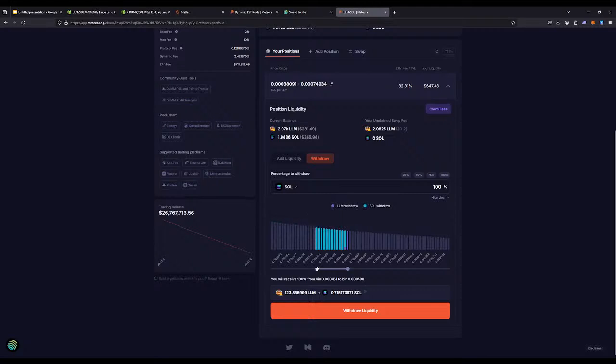This portion of SOL is still unutilized capital. So in the future, this unutilized capital will be going to dynamic vaults and getting us additional yields as well.